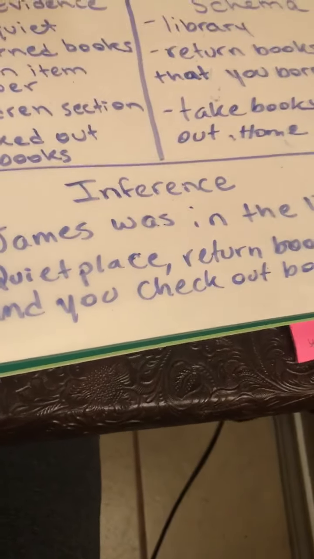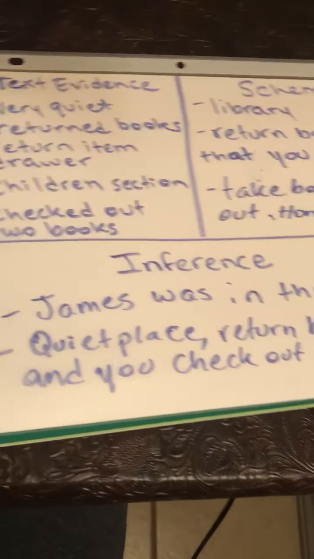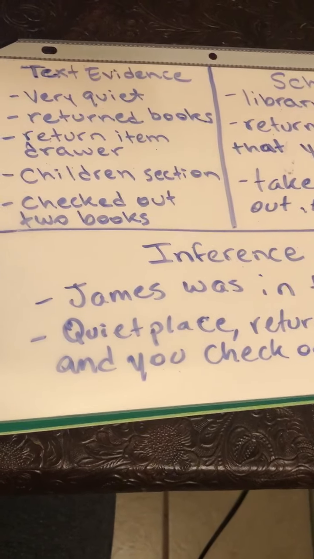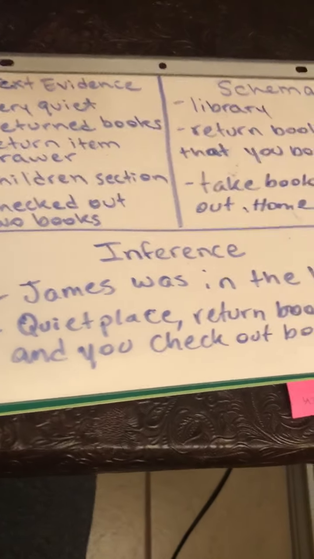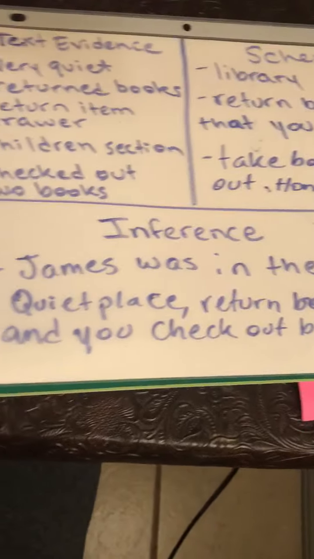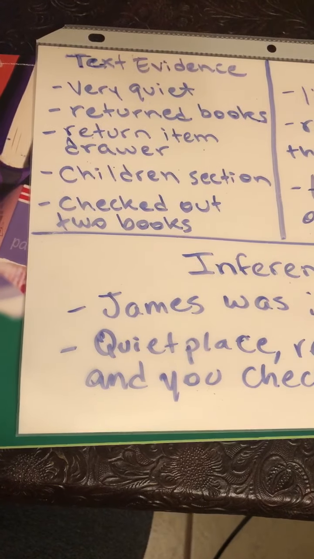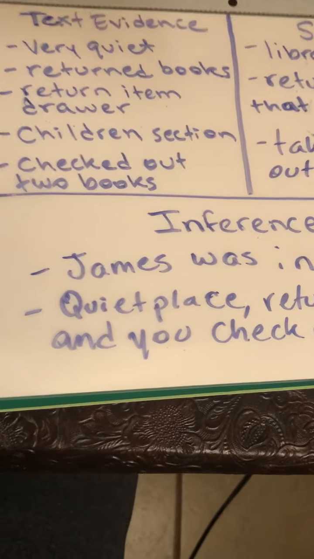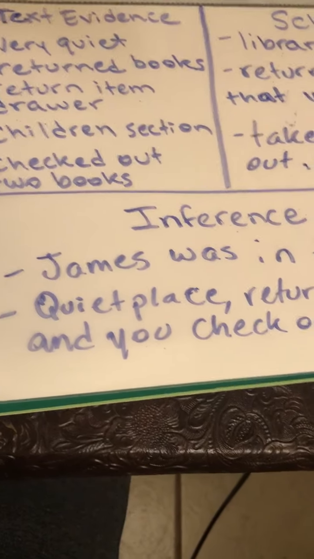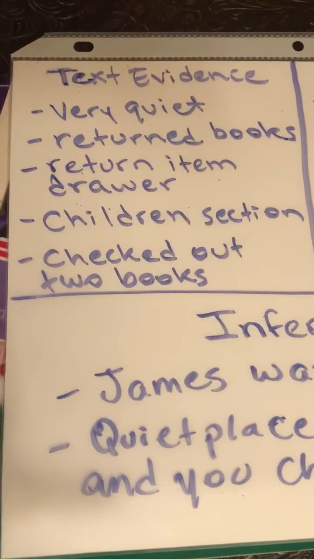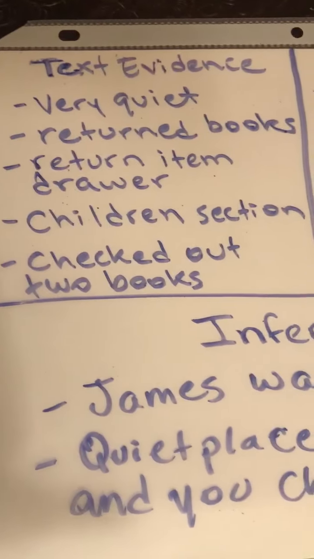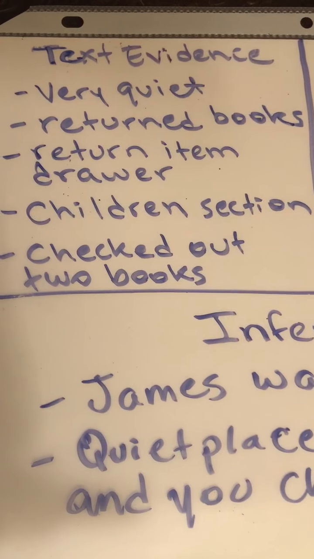Okay, so I hope that this strategy is helpful. I really like to use this strategy because it helps me plan out my thinking. Sometimes I need to see everything written down so that I can really come up with a good inference. I am able to see all the text evidence that is in the paragraph or in the text.